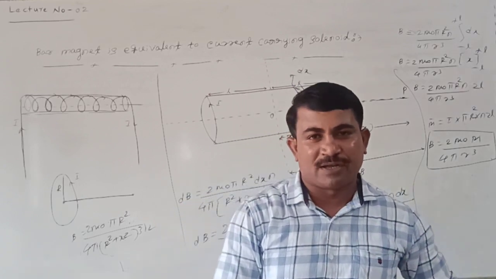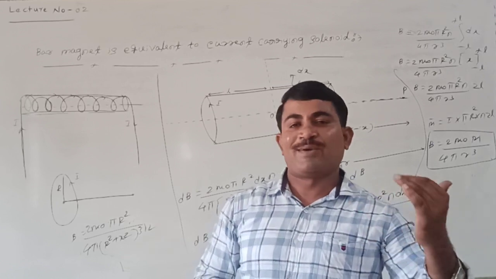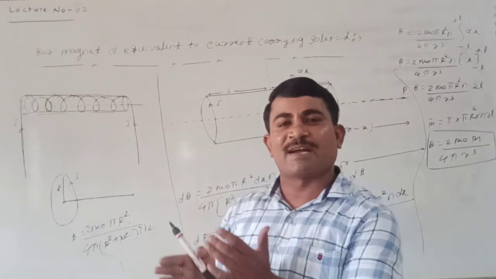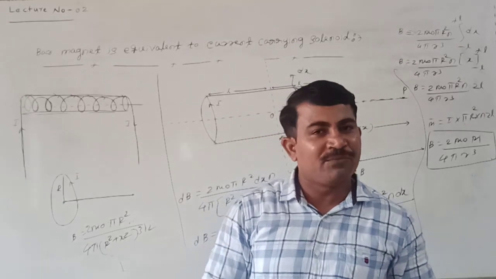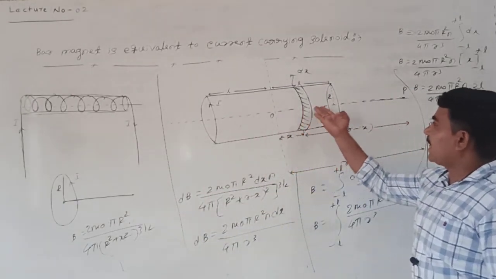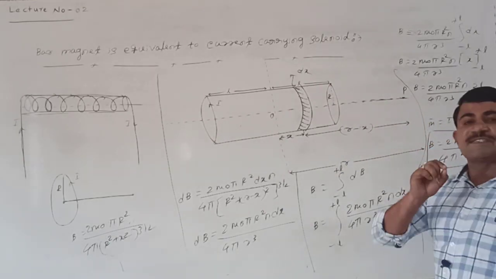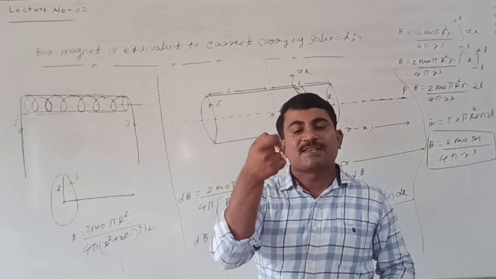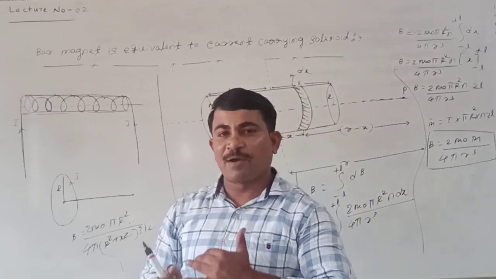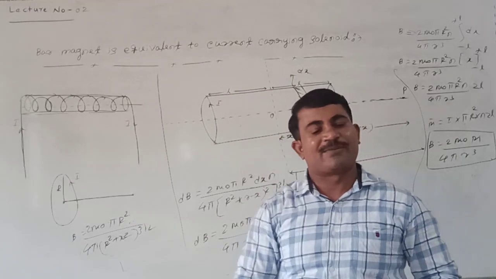But two points you can infer. By taking the pictorial representation of the magnetic field of the bar magnet and of the current carrying solenoid, you can infer this, or mathematically, along the axis of the current carrying solenoid we found the magnetic field this much value. The same value is found along the axis of the bar magnet also. Then from this you can infer bar magnet is equivalent to current carrying solenoid.